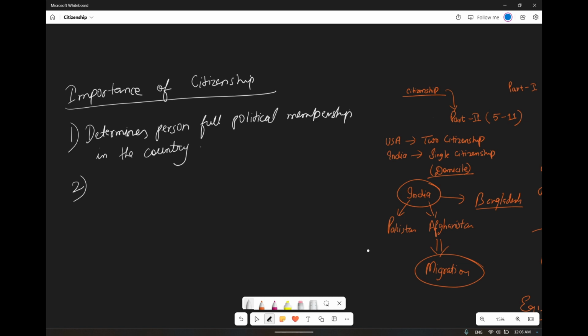So the political membership requirement, legal acceptance, all are determined by citizenship only.